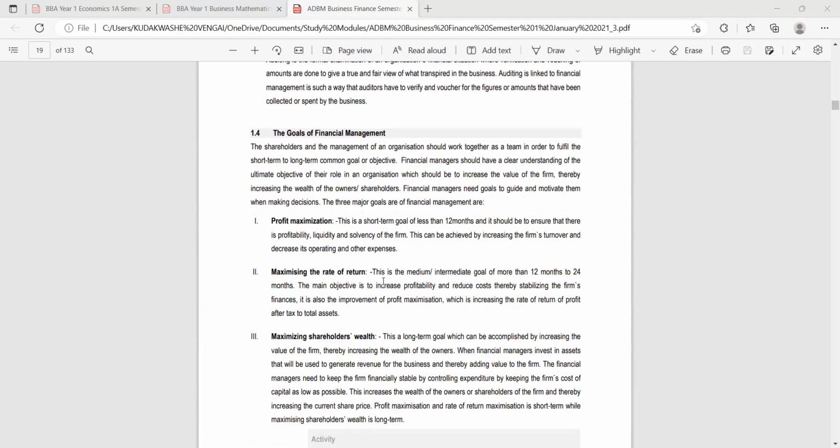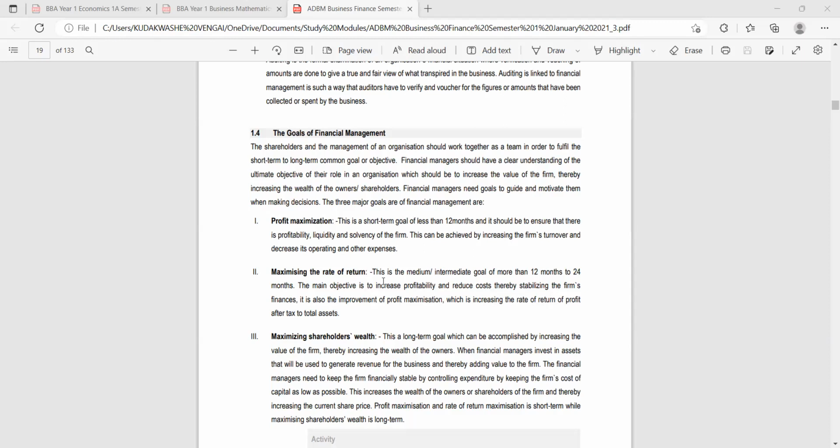Now, the reason why we need to have financial management, or business finance, is number one, each business has got goals, and those goals need to be achieved. And business finance or financial management assists us in understanding whether we are achieving those goals or we are failing to achieve those goals. So some of these goals include profit maximization. Because you're operating a business, you need profit, right?